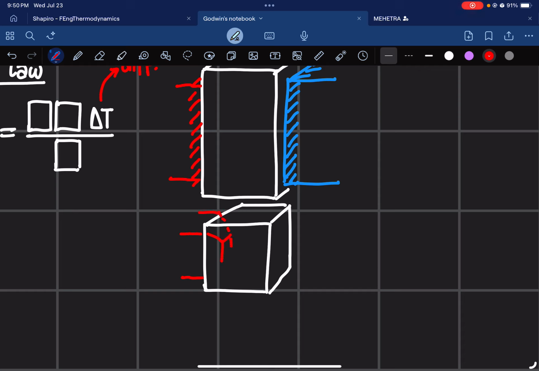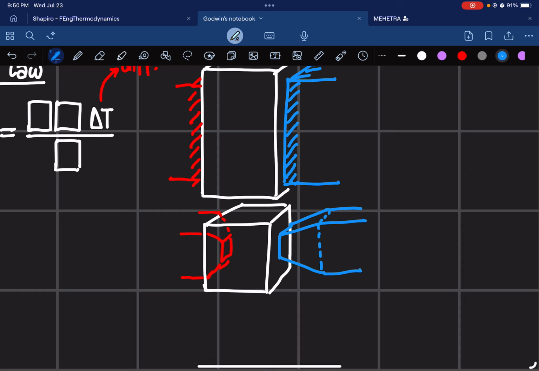Let's say it only contacts this region, and let's say the cold section is also smaller. So what do you guys think will happen to the amount of heat that is transferred?